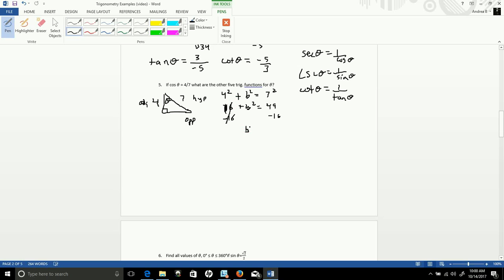So then we have b squared is equal to, let's see what we get here. I didn't write this one down ahead of time, so it looks like we get 33 there. So 33. And then we would do the square root of both sides, so we get b is equal to the square root of 33.